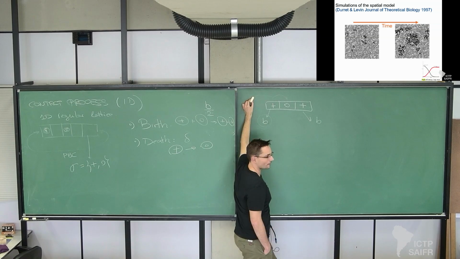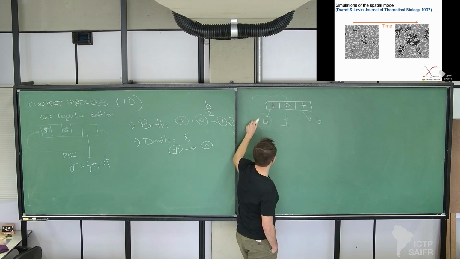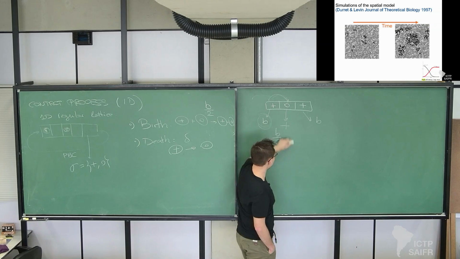So the probability at which this 0 is going to become a plus is going to be the rate at which this neighbor produces a seed, B, divided by 2, because this guy has to go here, plus B divided by 2 because of the same argument, right? And this is equal to B.